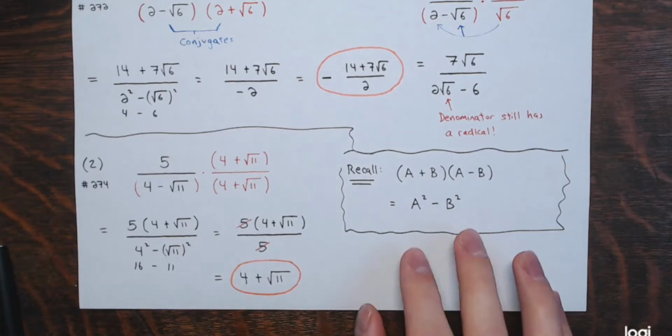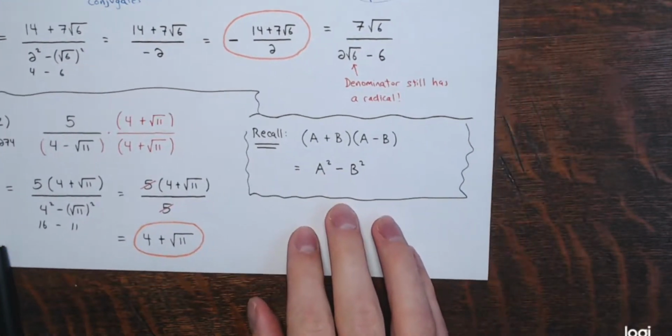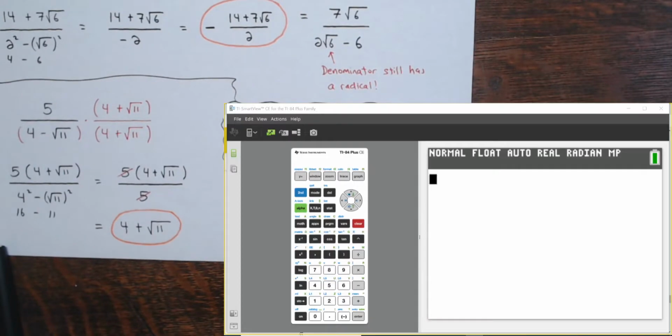And then once again, I'll test it out. Use a calculator to check my work. So the original expression was 5 divided by the quantity, right? It's got multiple terms in the denominator, so I use parentheses. 4 minus the square root of 11.